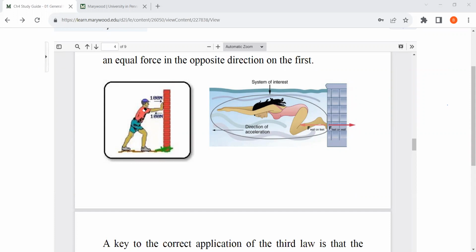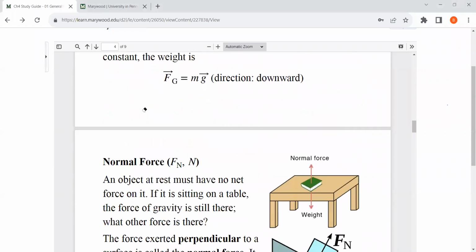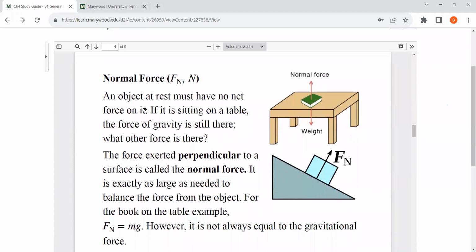If I go back to this one, you see that the textbook is the object, and both the normal force and the gravity are acting on the textbook. Of course, we can use the concept of the third law here, but I don't want to do that. The textbook is exerting some force on the table, and the table is exerting the normal force.